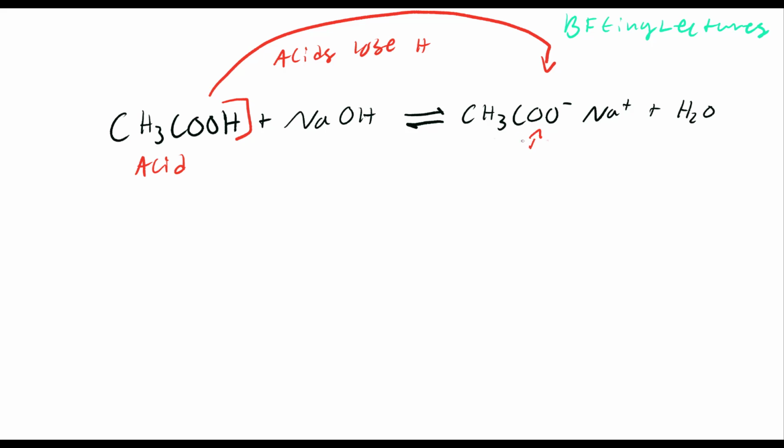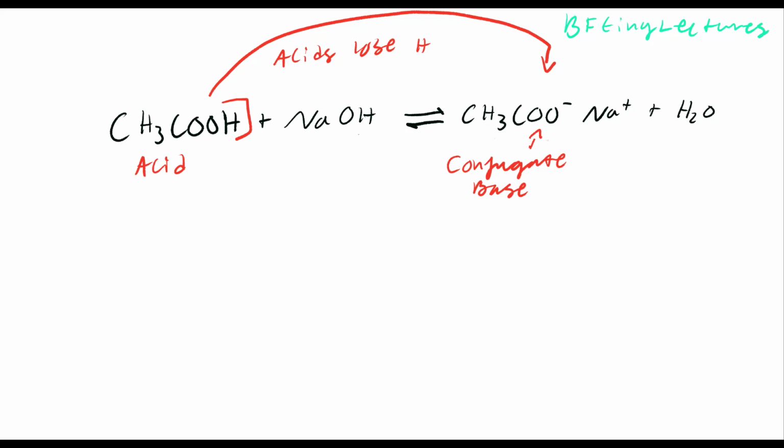So we know that over here, this is going to act as a conjugate base. Why do we call it a conjugate base? Well, now this substance right here can act as a base, meaning it can accept a hydrogen to become the acid, okay? So that's the conjugate base.